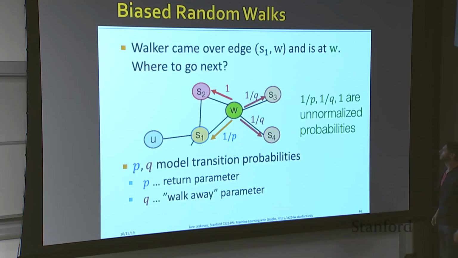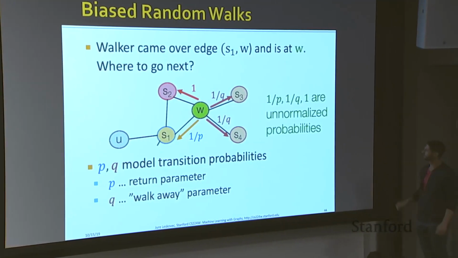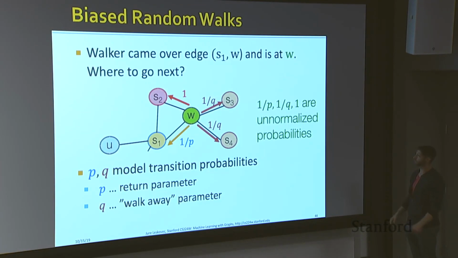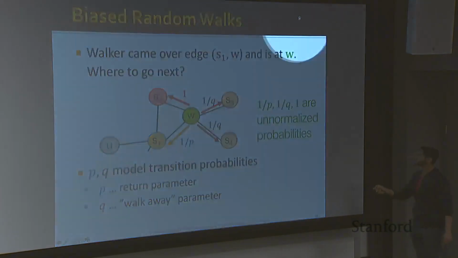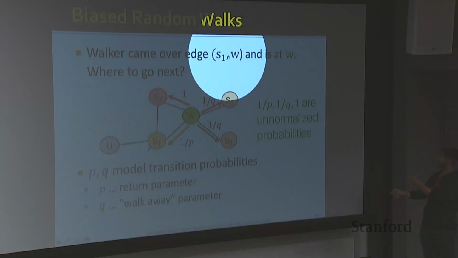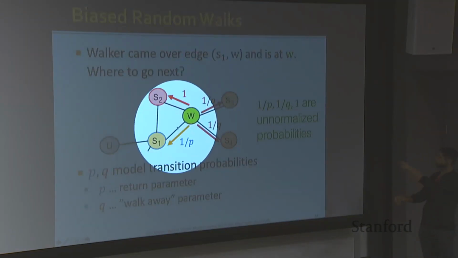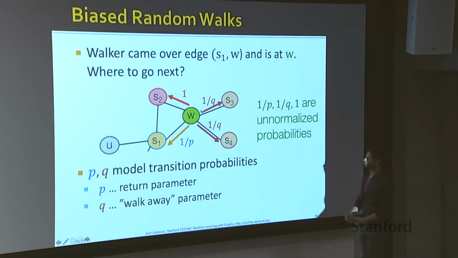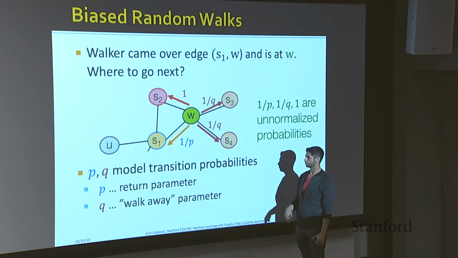Okay, now, let's start to put probabilities on each edge so that you can understand exactly how the random walk is moving around, okay? So as we said, our walker came over the edge from S1 to W and is currently in W, okay? So where can our walker go now from node W, okay? So we set our P and Q transition probabilities.